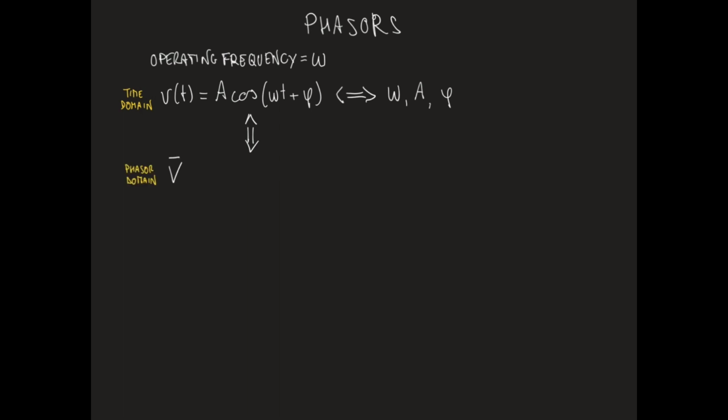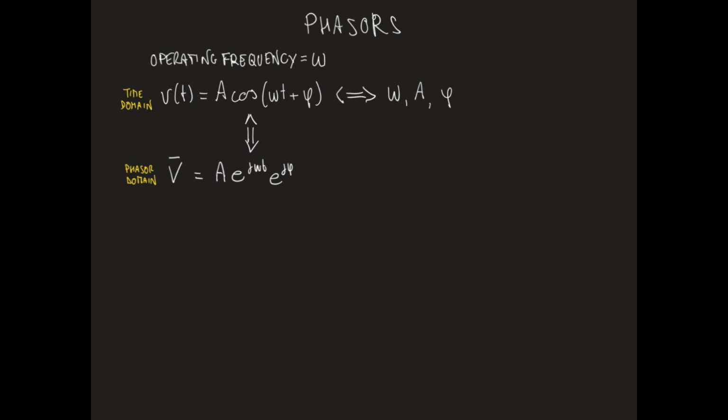The phasor is a complex number that, in the polar representation, has a modulus equal to the amplitude of the signal in the time domain and has as phase the argument of the cosine function in the time domain. So the complete expression of the complex number will be A times the exponential of j omega t times the exponential of j phi.